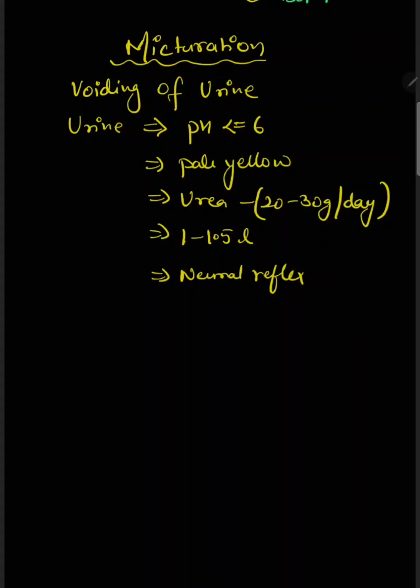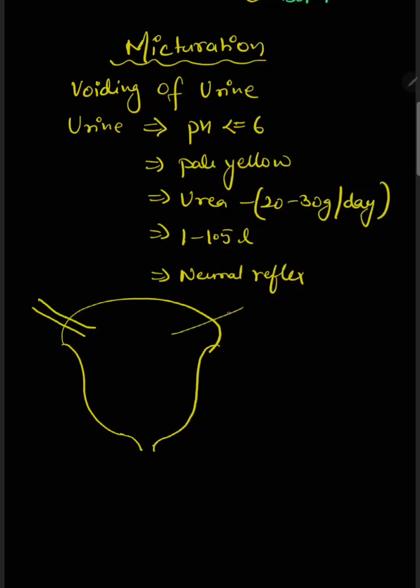Now what happens is when the urinary bladder, for example, this is the urinary bladder, here the ureter, the urinary bladder is filling. So there are certain cells which are called the transitional epithelium or urothelium in the ureter, right?